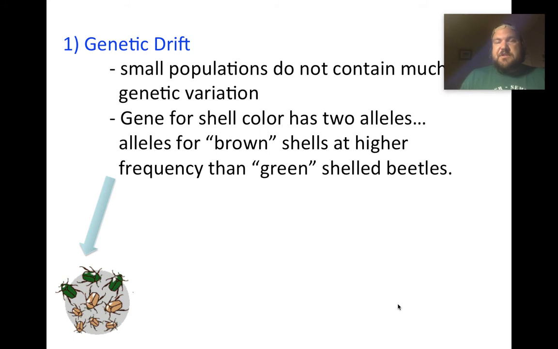Small populations, like this group of beetles, there's 9 beetles here, 3 green and 6 brown, tend to not contain as much genetic variation as large populations. This gene for shell color has 2 alleles, one that leads to green, one that leads to brown.